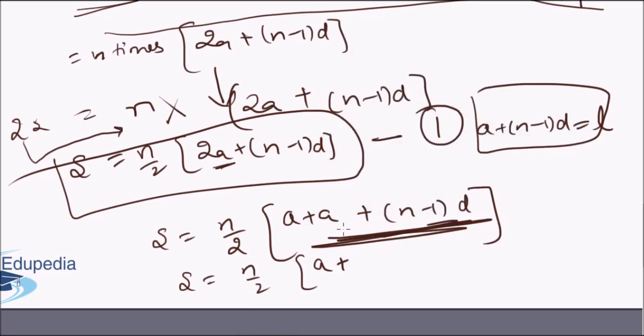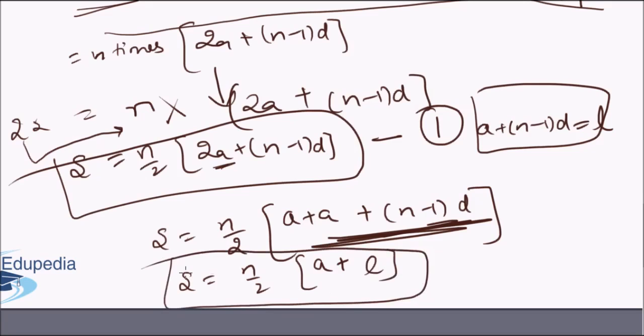Thus we can denote this A plus N minus 1 into D by L, and the formula becomes S equals N by 2 into A plus L, where A is the first term and L is the last term. So these are two formulas to find out the sum of the given AP.